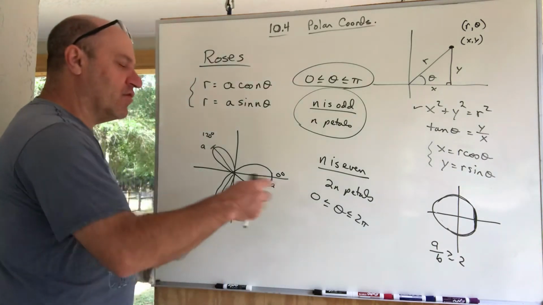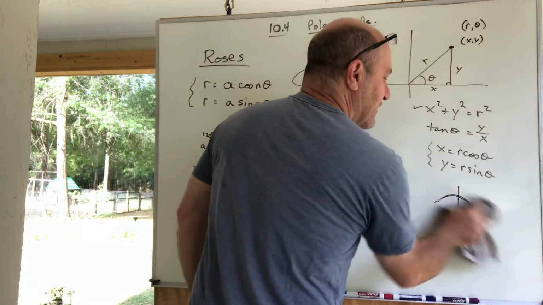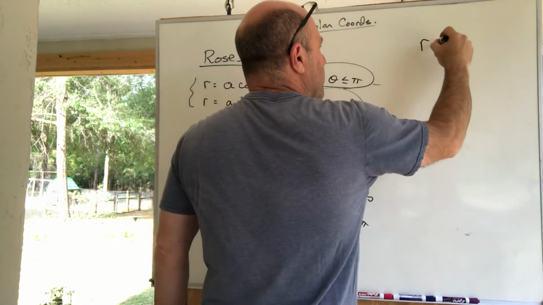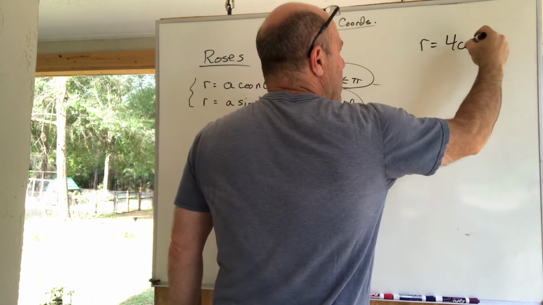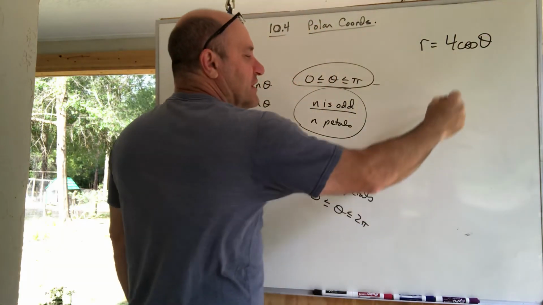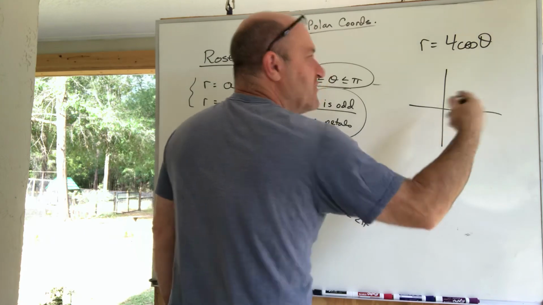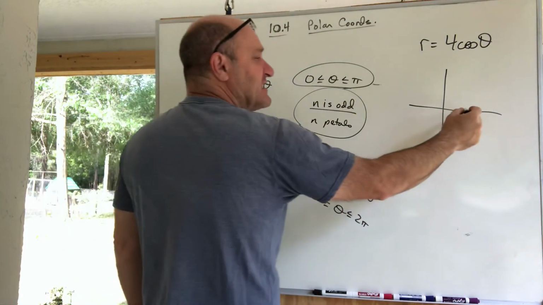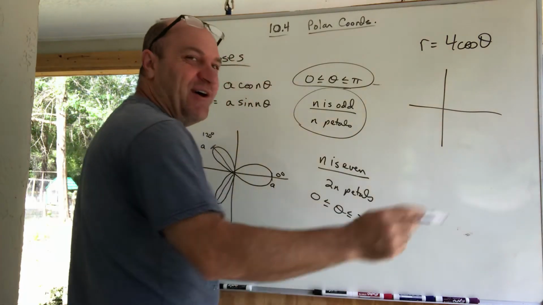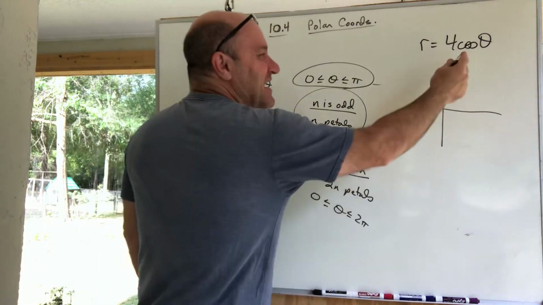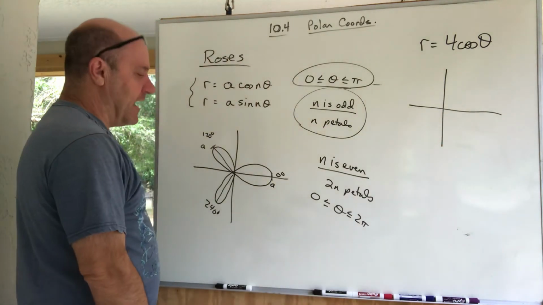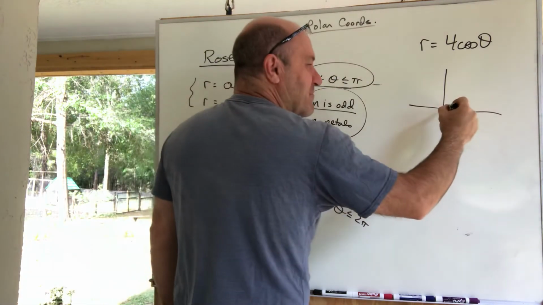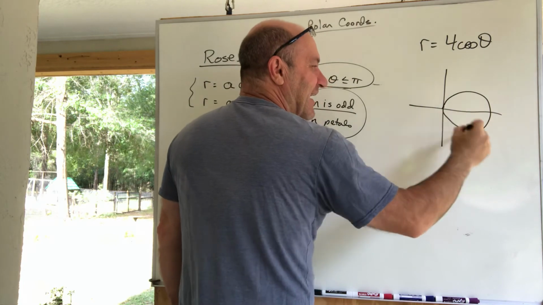A little earlier I had this graph, and I called that an offset circle. It's a circle of radius 2 centered on the x-axis at 2. Funny thing is, you could think of it as a one-petaled rose, where n is 1. Anyway, it's one big fat circular petal.